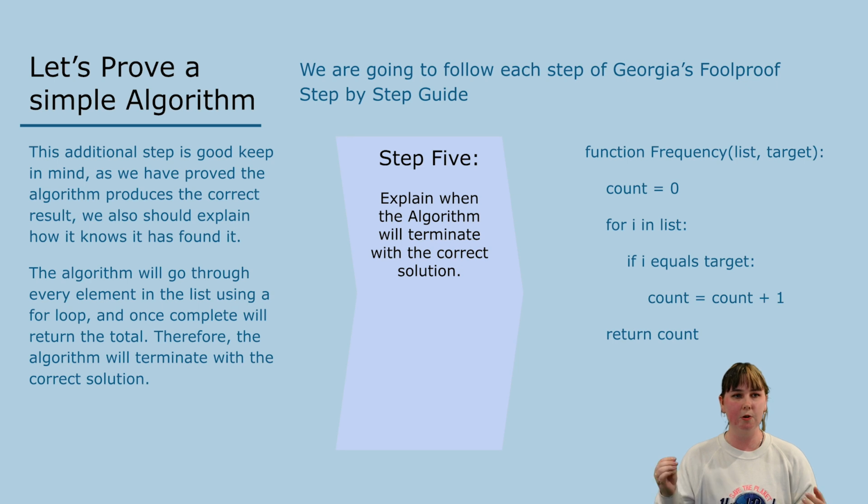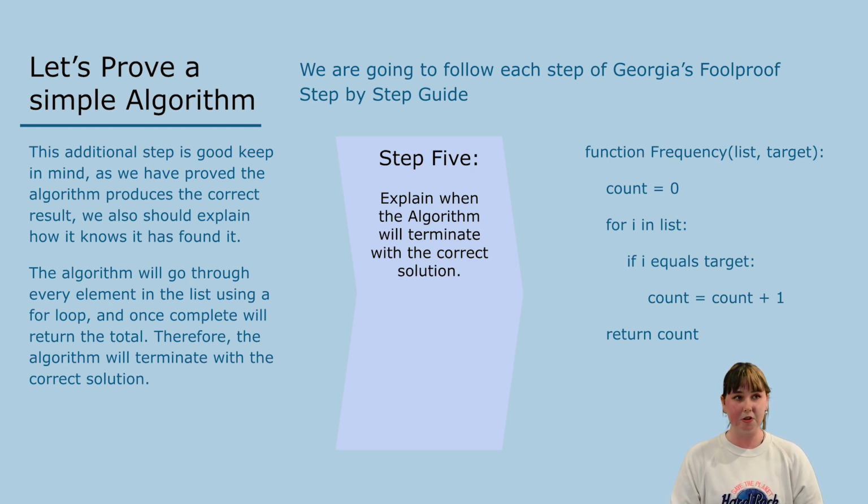Therefore, the algorithm will terminate with the correct solution. We can explain it that way because it's using for i in list, so once it finishes every element in the list, it finishes. So that's great for an iterative algorithm. If it's a recursive algorithm, we need to explain what happens at the base case of the algorithm, that it will return correctly. It's a very simple step. We just need to explain that, and then we're good.